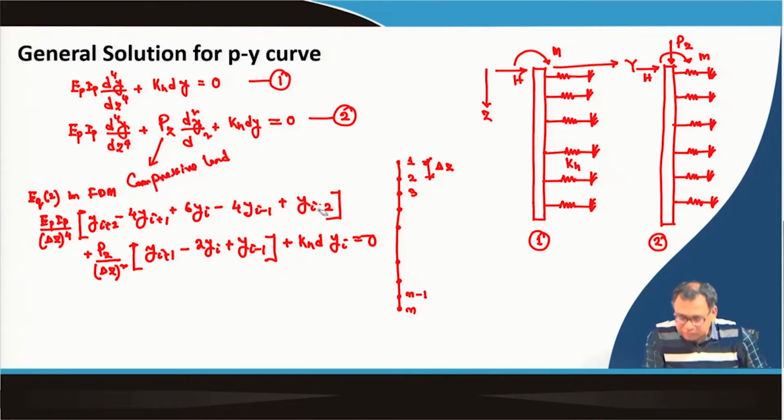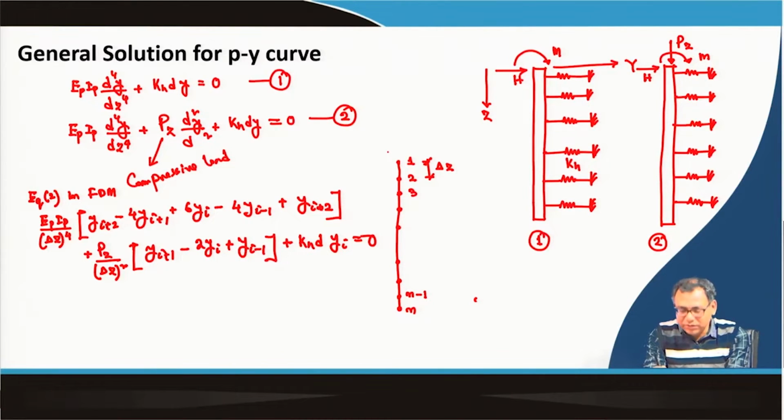So if I apply this equation at node number 1, there will be i minus 2, which means 2 imaginary nodes will be required.